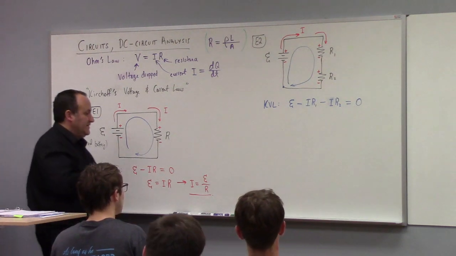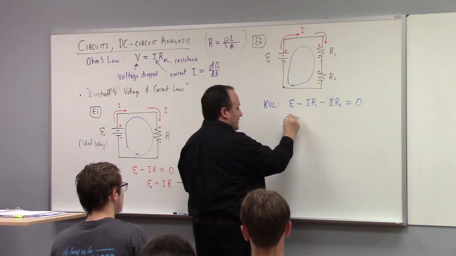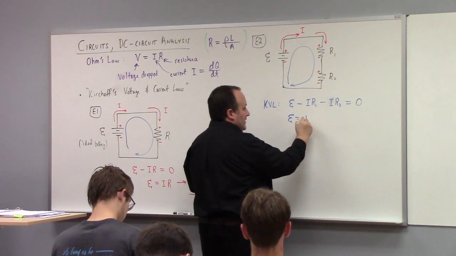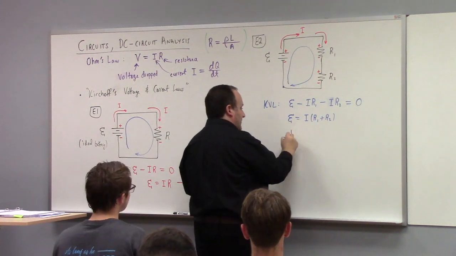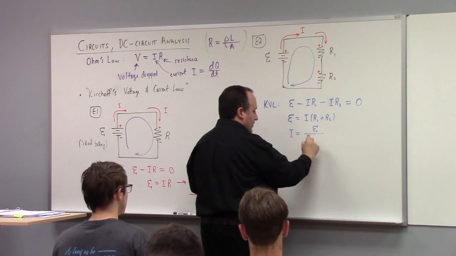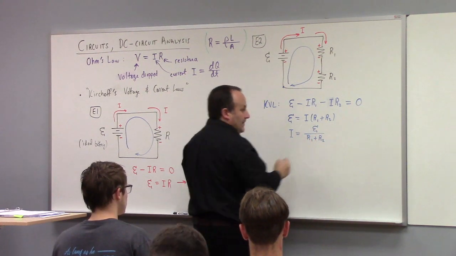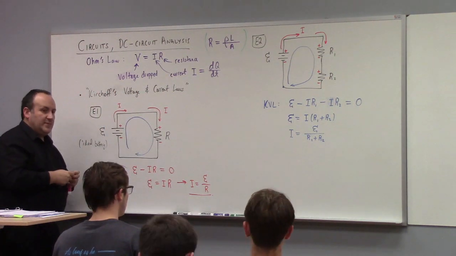And so what does this tell us? This tells us that the current, we do algebra, right? E equals I times R1 plus R2, right? So the current is equal to E over R1 plus R2, right? And what does this show us?